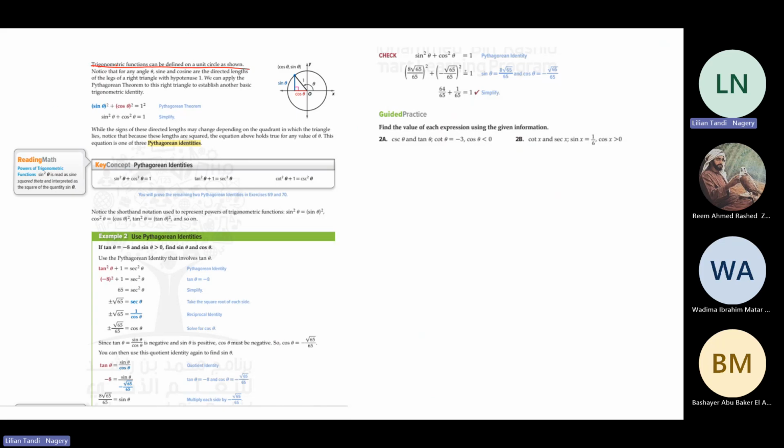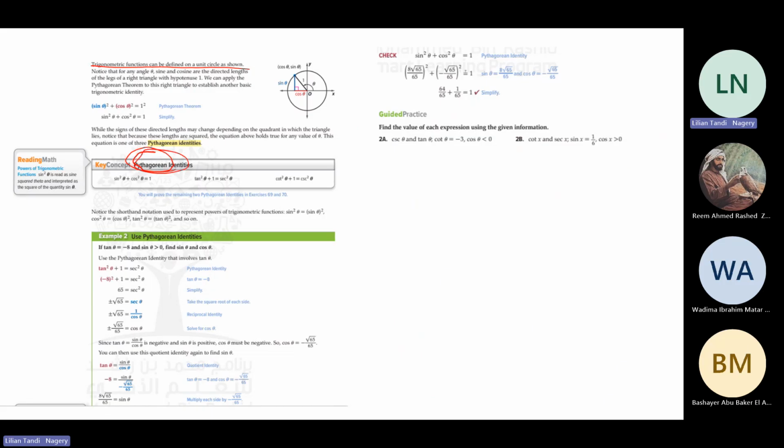Okay, trigonometry functions can be defined on a unit circle as shown. Notice that for any angle, sine and cosine are the directed lengths, so the height and the base of the right triangle. And what did we say when we hear this word right triangle?